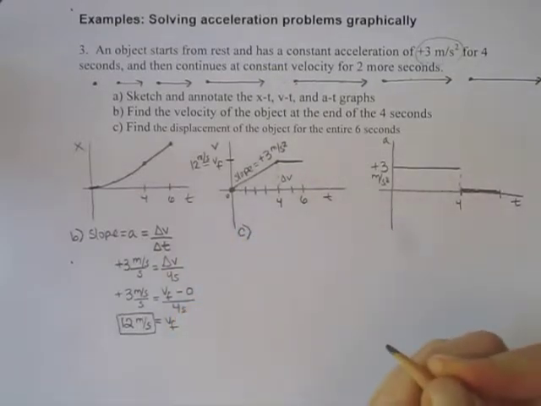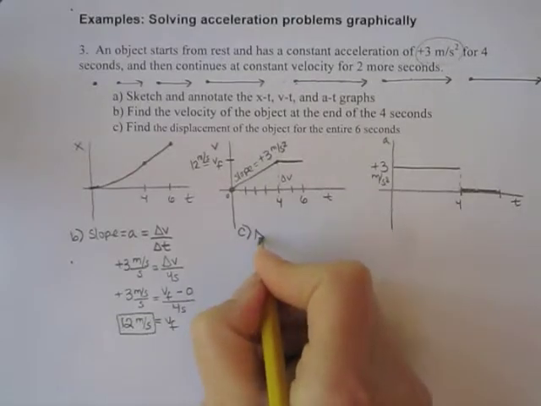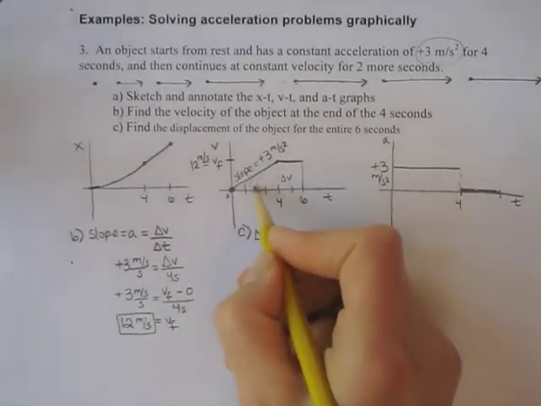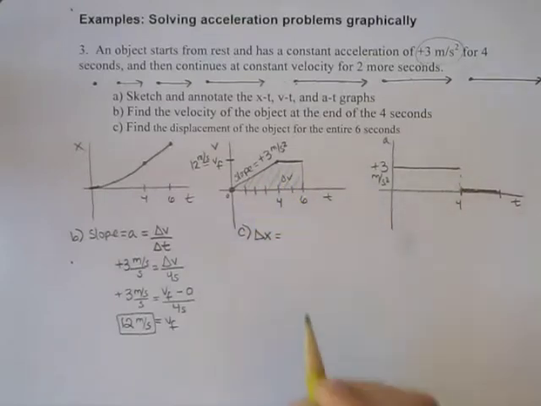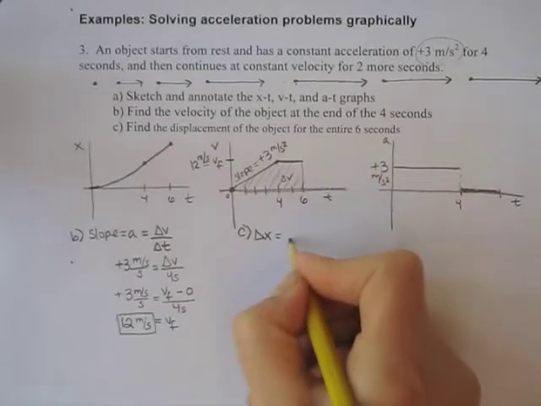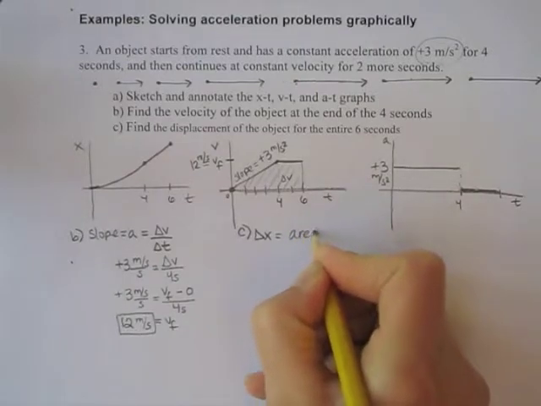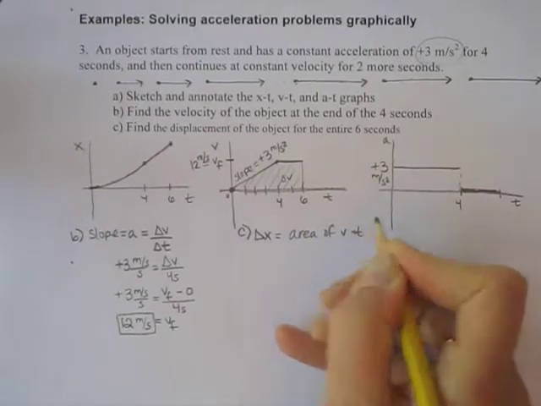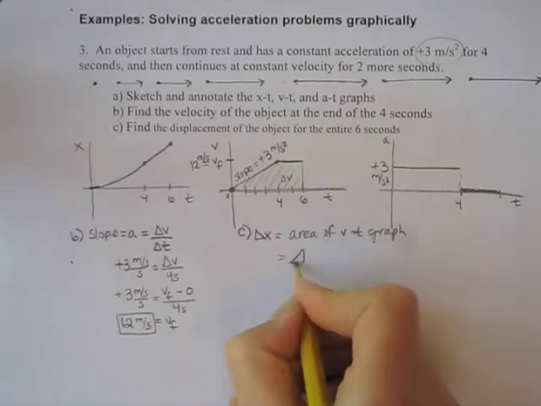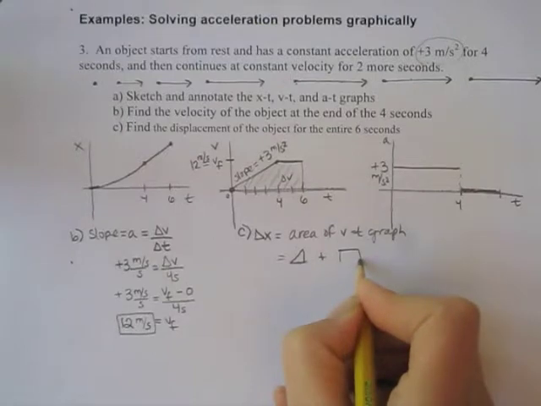Part C, find the displacement for the entire 6 seconds. So displacement is the area of the velocity time graph, so we need to know this whole area. The area is going to be positive because it's above the time axis, and my area is going to be the area of a triangle plus the area of a rectangle.